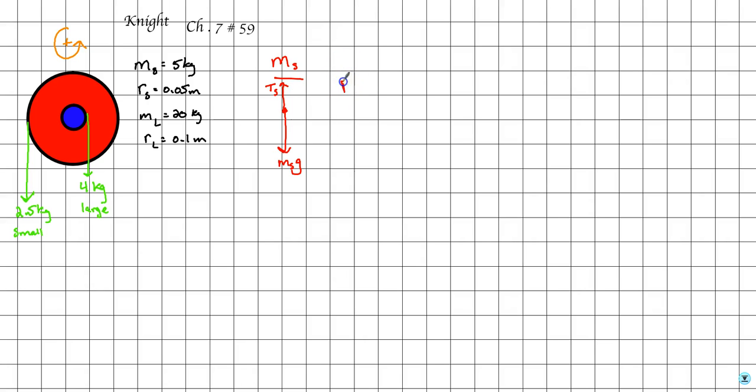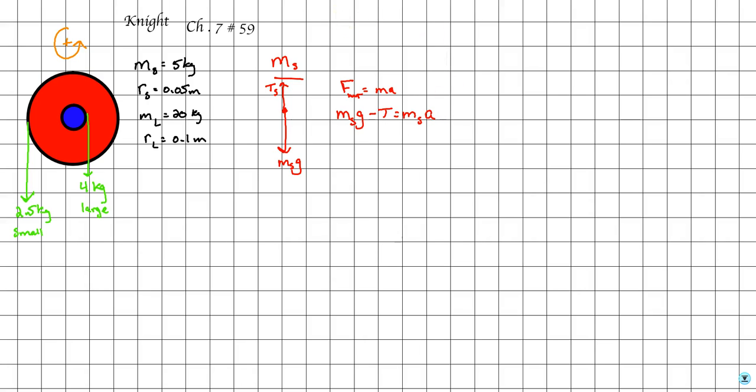Newton's second law is F net equals ma. It's going to cause the pulley to go in the counterclockwise direction, which we say is positive. So it's m small g minus T is equal to m small times a.